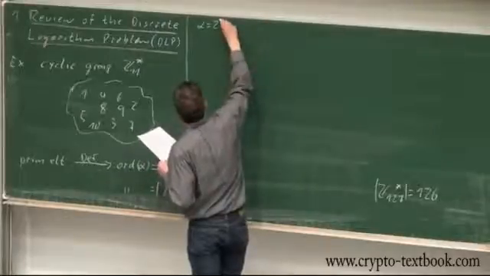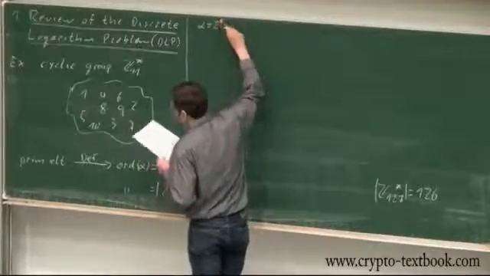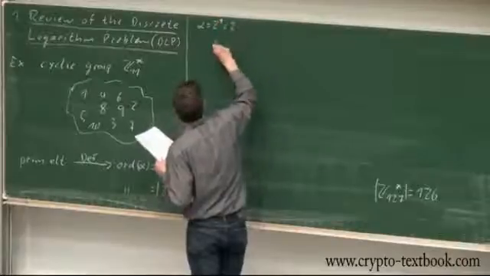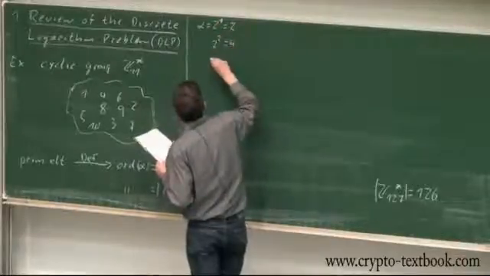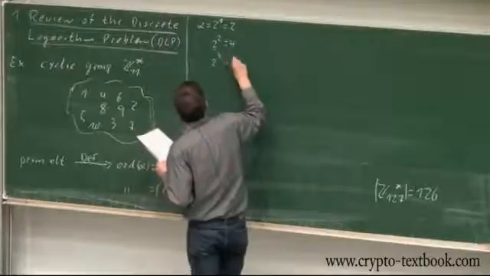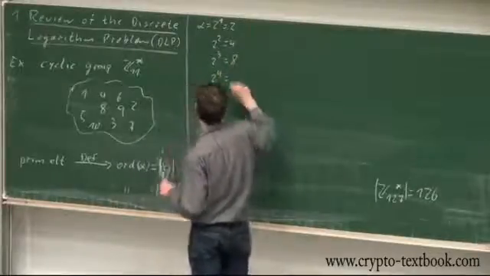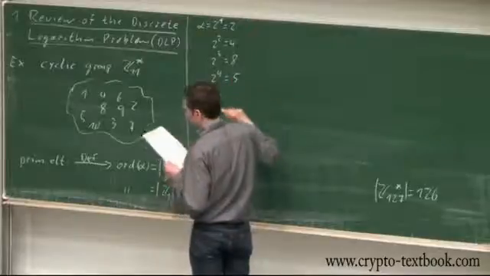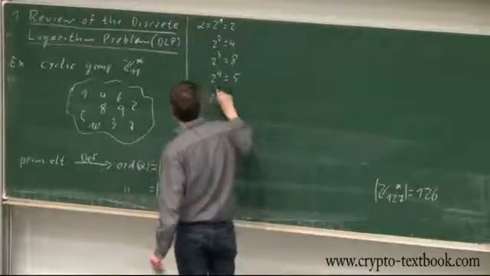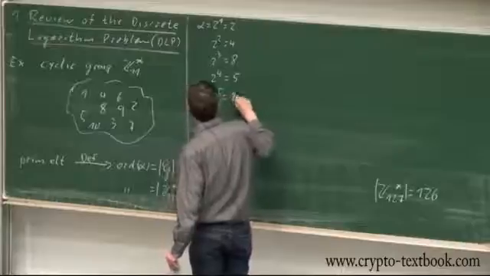And so we look at 2 raised to the first power, you get 2. 2 squared, you get 4. 2 cubed, you get 8. 2 to the 4th, you get 16, modulo 11, you get 5. That's right, yeah. 2 to the 5th is 10.